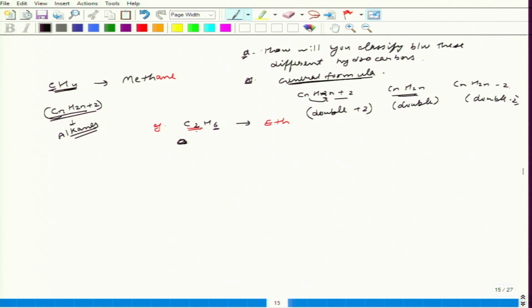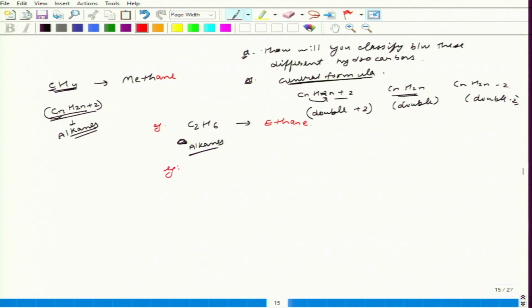Simple, okay. Here we can see there are 6 hydrogens, and 6 is double of 2 plus 2. So these are the alkanes with the general formula CnH2n+2, and the name will end with ANE.